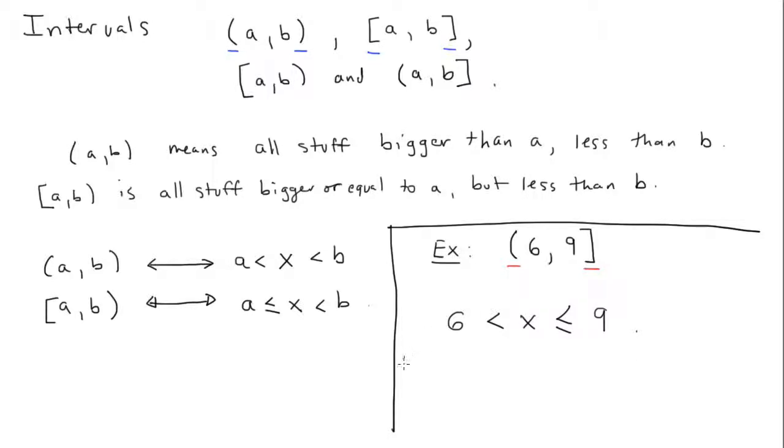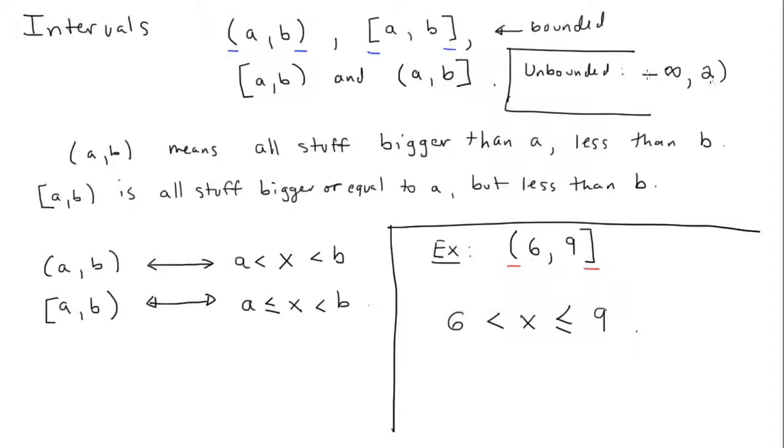Okay, now one other thing about these intervals, all of these that I've written here, these are all bounded intervals. So what's an unbounded interval look like? Unbounded would be where one of these numbers, or possibly both, is an infinity. Okay, so for example, (negative infinity, 2), or say (negative 5, infinity).